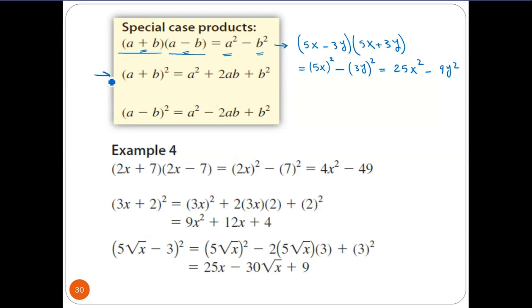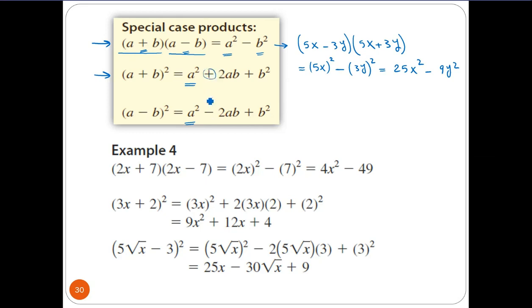The second one, in special cases, we have the perfect square, a plus b all squared. How can we simplify the perfect square? Simplify the perfect square means remove the brackets. So this is the first square plus, if we have a plus, or negative if we have a negative.